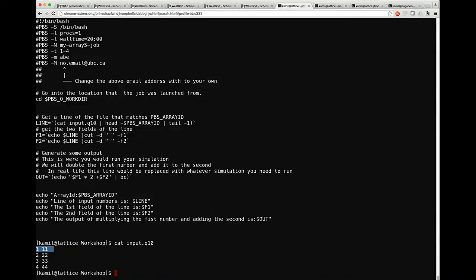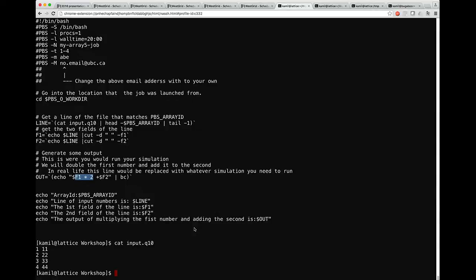Then they'll set F1 to the first column of that input and F2 to the second column. Then they'll do some math. Basically, they'll multiply the first column number by 2 and add the second column, and it'll set the output. So this is an example of making a task do different things.